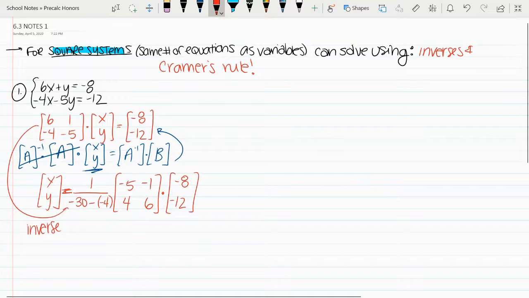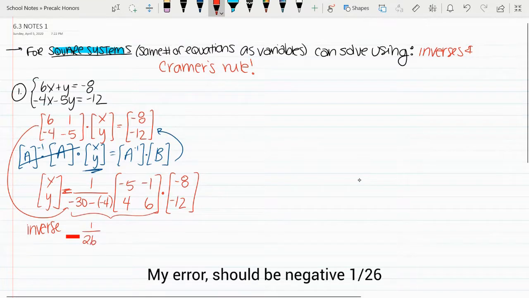So remember, if you need a little review of determinants, you might need to go back to our last section. But going through, I'm going to simplify a couple of these, and notice that this is a rough fraction here. We get 1 over 26 for this. So I'm actually going to multiply these matrices first, since the order of multiplication for the scalar doesn't matter now, and then I'll put that 26 in at the end.